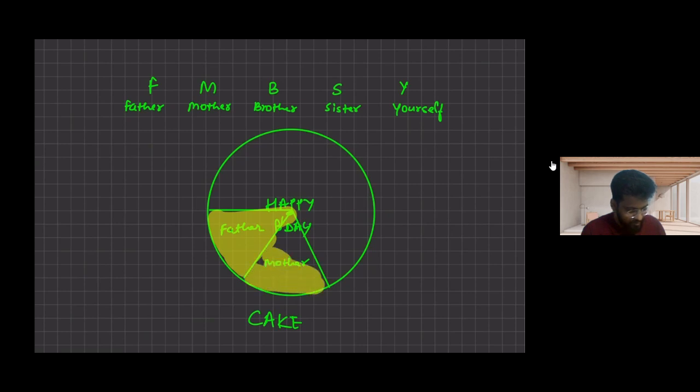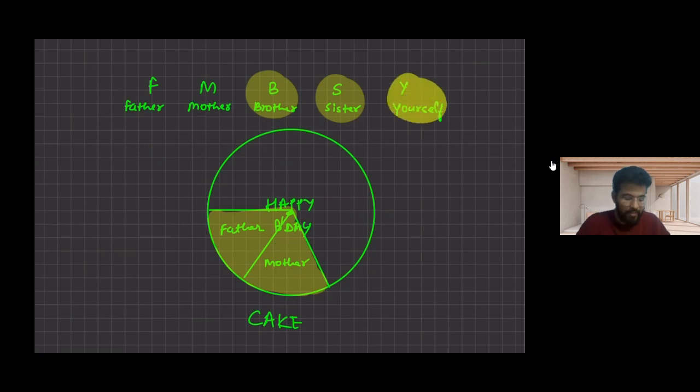Now we are left with the rest of the cake. Since it is my birthday, I will decide whom I am going to give how much: how much my brother will get, how much my sister will get, and how much I will eat by myself.